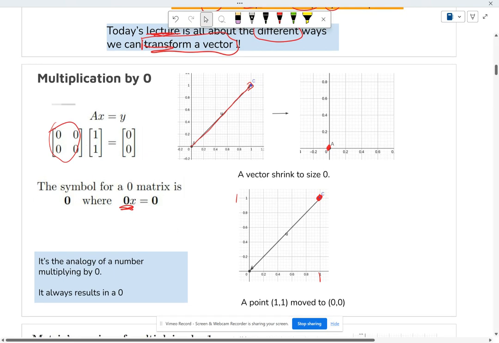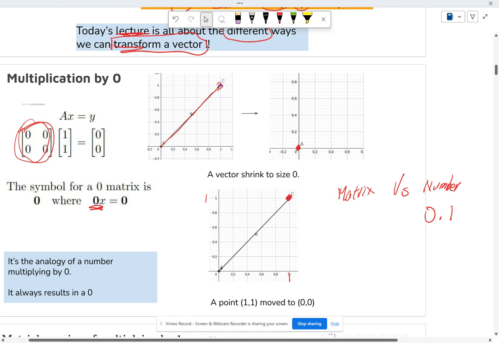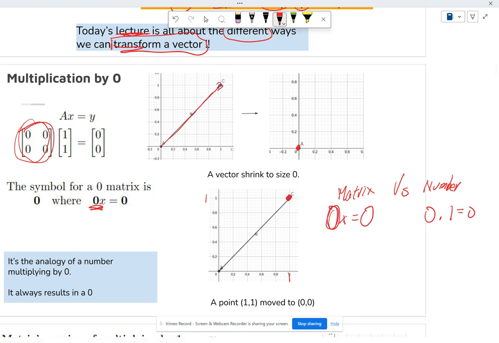Now, this zero matrix is analogous to the number zero. Right now we're looking at matrices versus numbers. With numbers, you can picture 1 times 0 is equal to 0. Here, we have the zero matrix times some vector x, and it gives you 0.